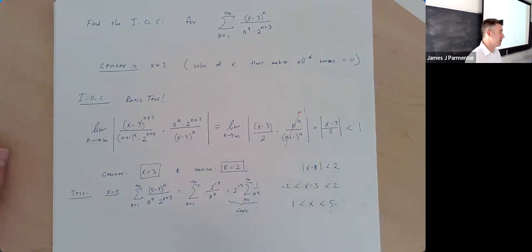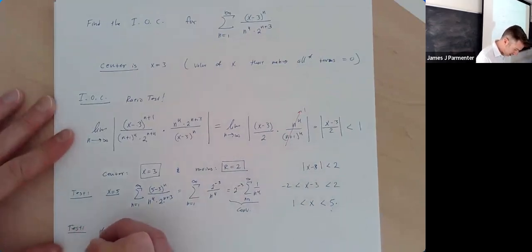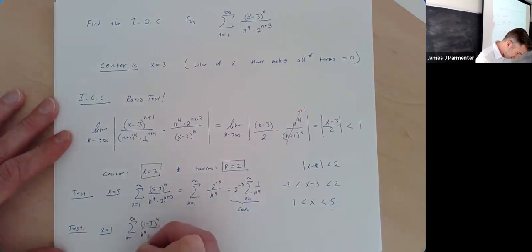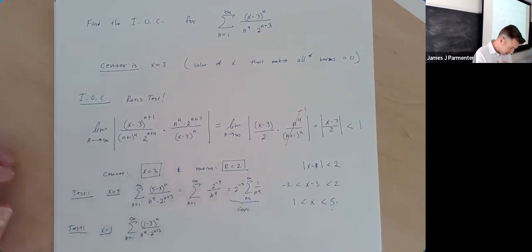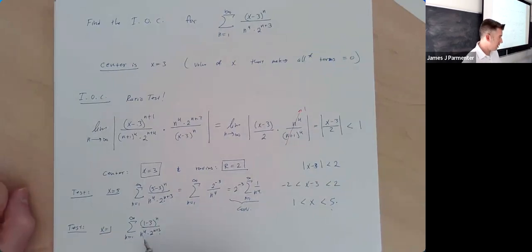Here's why I say test this one first. Because now if we test the other one, x equal to 1, I'm going to have the sum from n equals 1 to infinity of 1 minus 3 to the n over n to the 4th times 2 to the n plus 3. And this one is alternating, right? This is negative 2 to the n over 2 to the n plus 3 over n to the 4th.